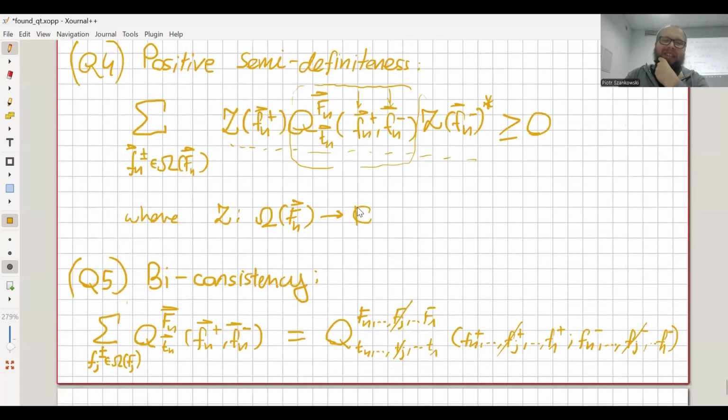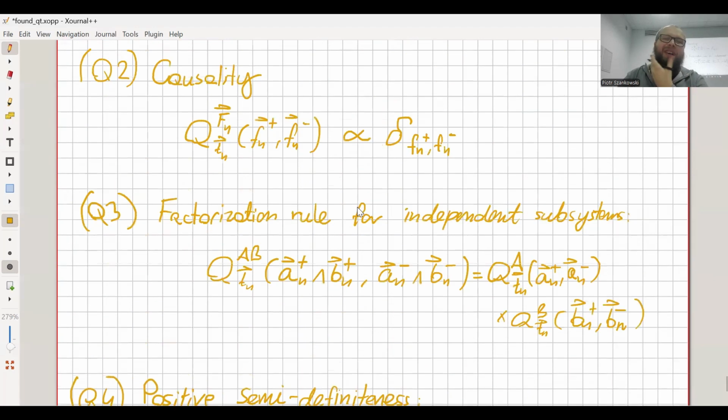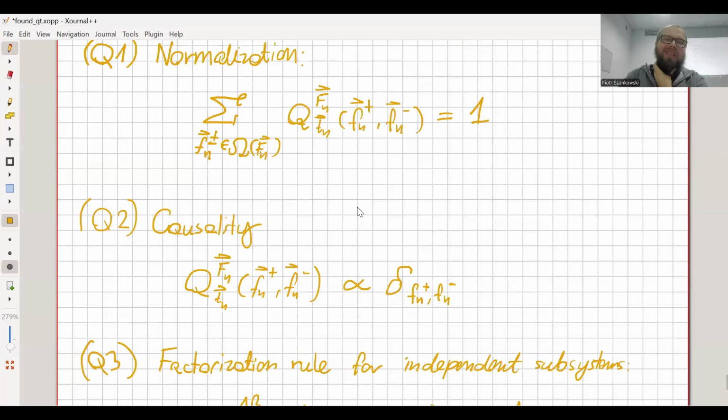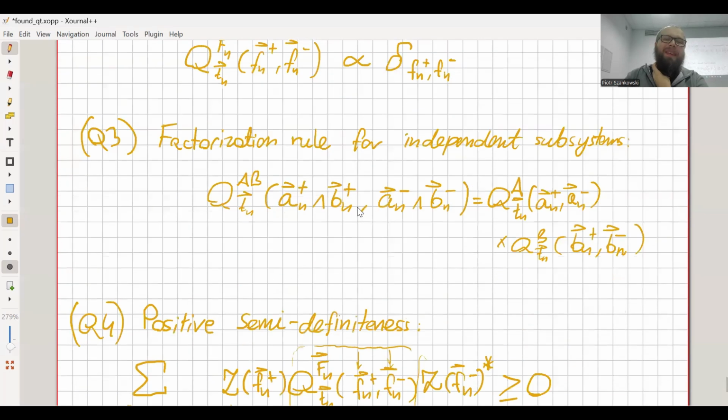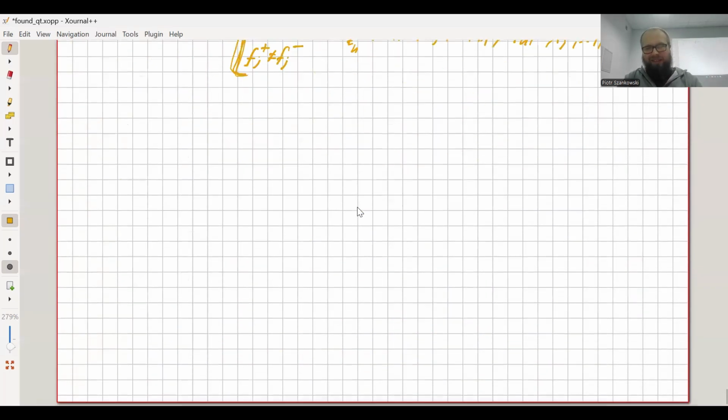Now, in literature, functions Q that satisfy those five properties are called bi-probability distributions.